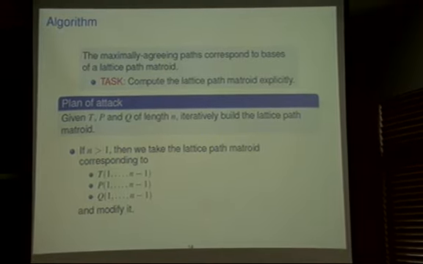It doesn't matter what we do in the last step with the boundary path, it doesn't matter which way t is pointing, up or down. No matter what happens, we can build the corresponding lattice path matroid by taking the one we already had by induction and modifying it slightly. That's what we're going to try to do.